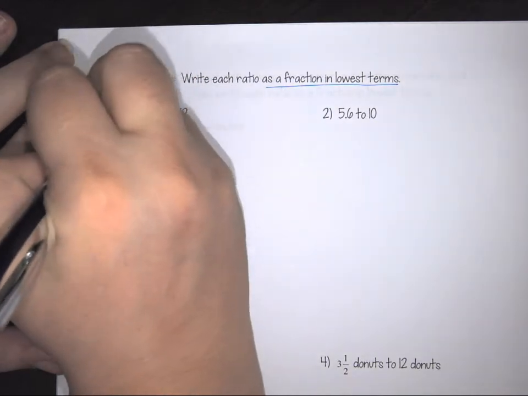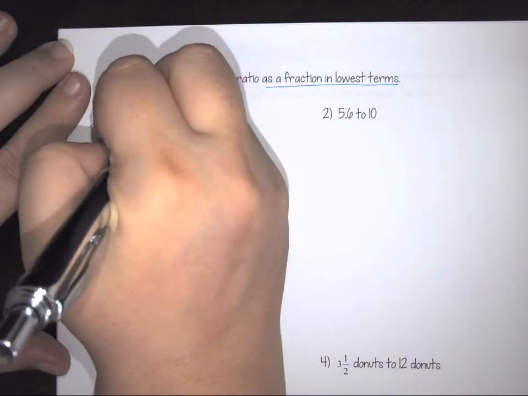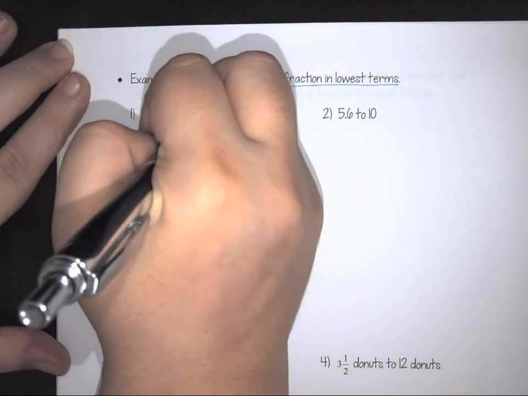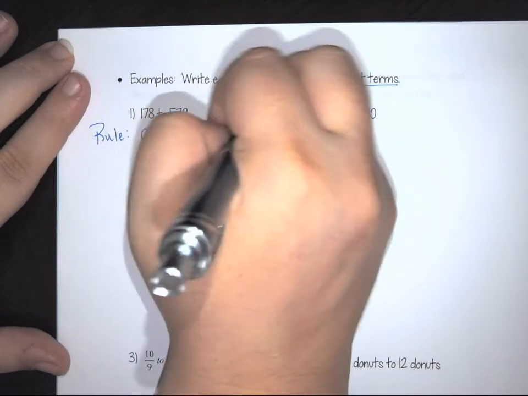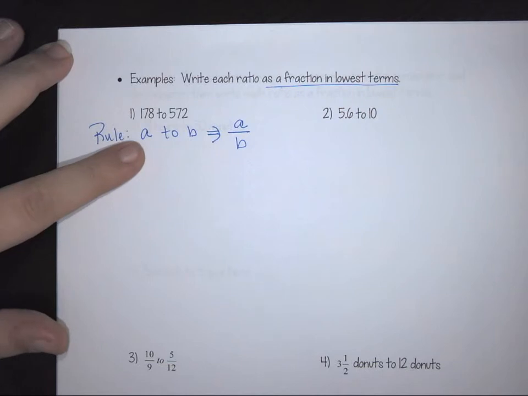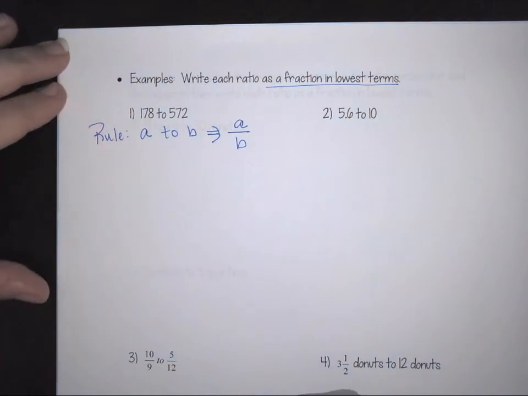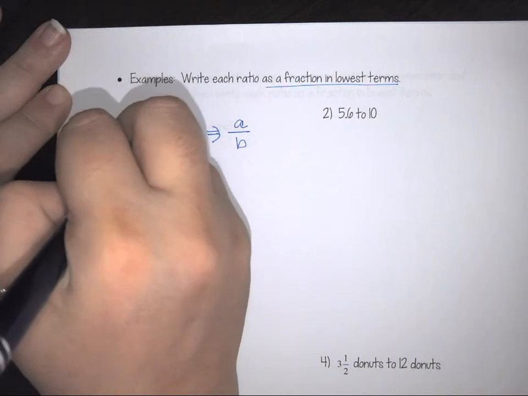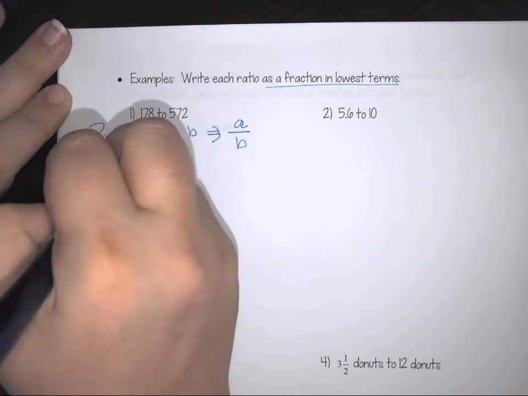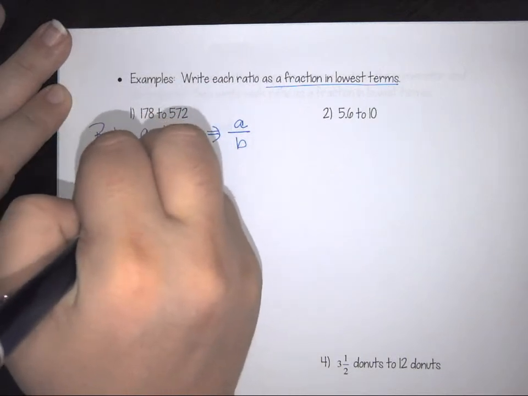The rule we are using is A to B, which means we would rewrite it as A over B. Remember, the first number is the numerator, the second number is the denominator. So this would end up being 178 over 572.